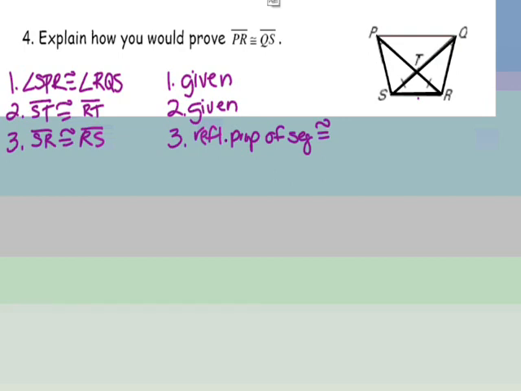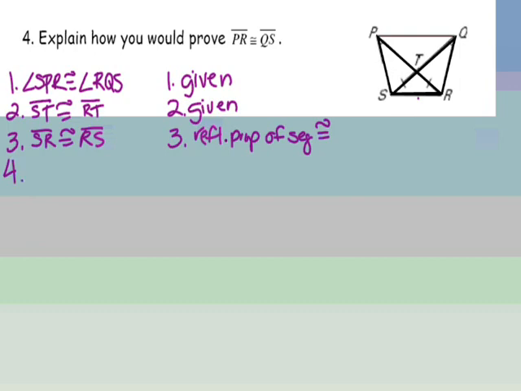Well, if I'm given this, then what I actually have going on here is an isosceles triangle, right? And we know from our past unit that if two sides of a triangle are congruent, then the angles opposite them are congruent.